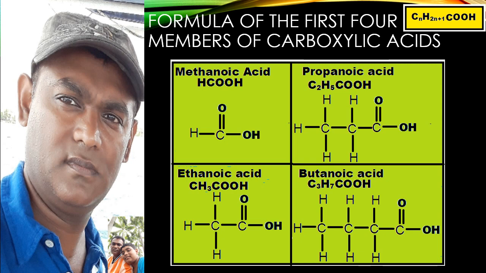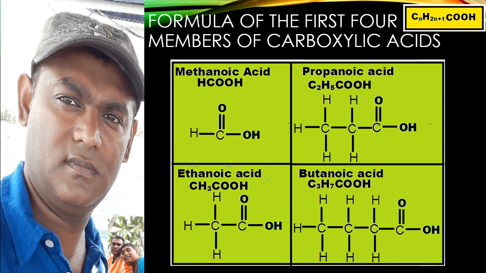For butanoic acid also, it is the same. Here, butanoic acid should contain 4 carbons. Therefore, the COOH group contains 1 carbon, and the value of n turns out to be 3. It becomes C3H7COOH. The first carbon contains 3 hydrogen atoms with single bonds.